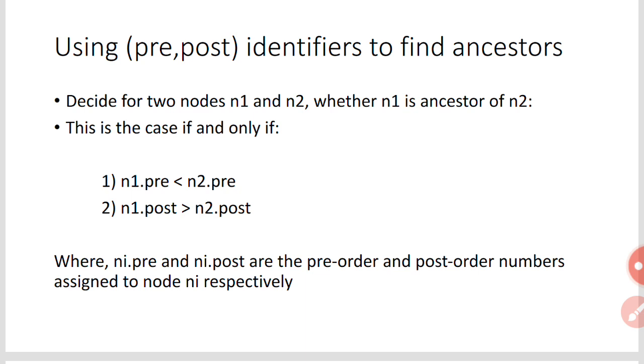Here n1.pre is the pre-order value for node n1, n2.pre is the pre-order value for node n2, n1.post is the post-order value for node n1, and n2.post is the post-order value for node n2. If both these conditions are satisfied, then n1 is an ancestor of n2.